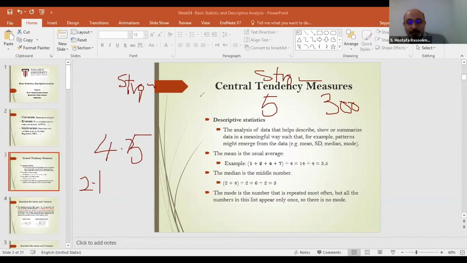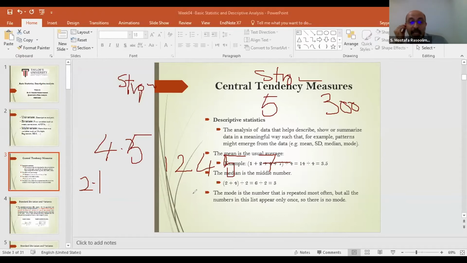What is the median? Median is the middle number. For example, if we have 5 answers: 1, 2, 4, 5, and 7, what is the middle number? The middle number is 4.